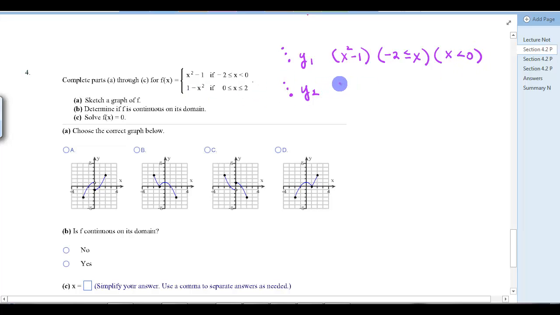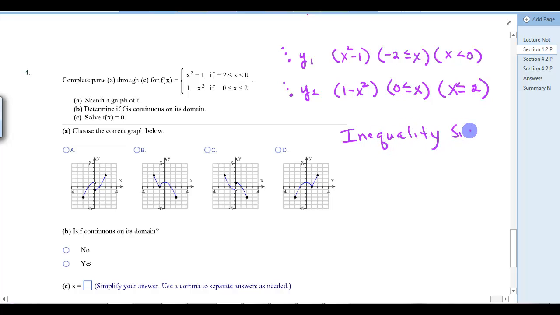On y2, we'll have 1 minus x squared, close, 0 less than or equal to x less than or equal to 2. All right, so we've got to put it in exactly like that if we want it to work. Now you will find the inequality signs, because we haven't used those really on our calculator, under second math.